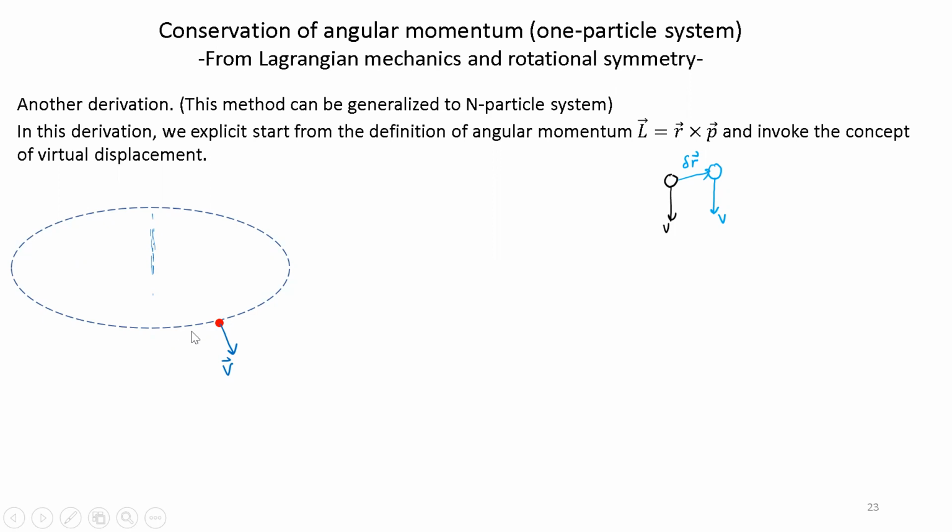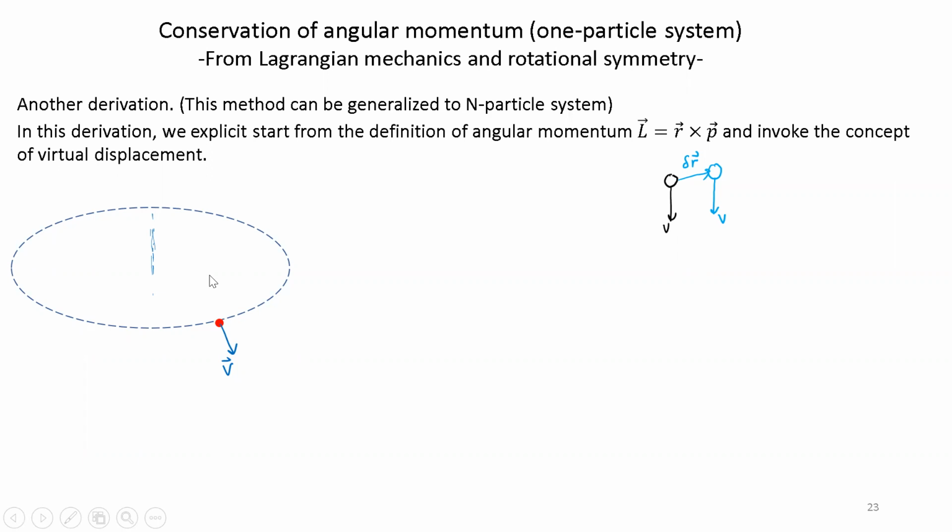If you do a virtual angular displacement, what it really means is, I picked the axis already, and you imagine that you freeze the system, and then you rotate the entire system about this axis.